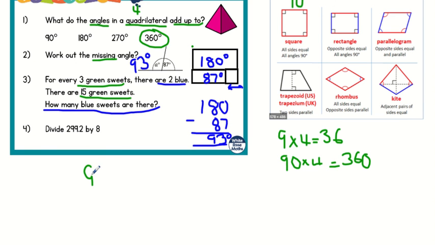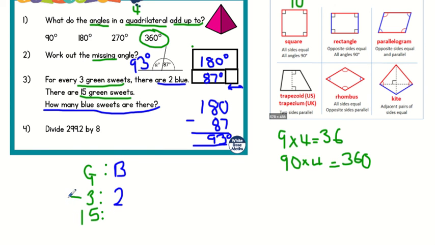So I'm going to start by thinking, right, we've got 3 green, 2 blue sweets. And it says for every 3 green sweets, there are 2 blue sweets. If there are 15 green sweets, how many blue sweets are there?